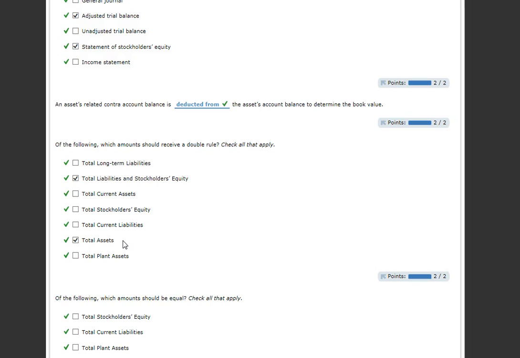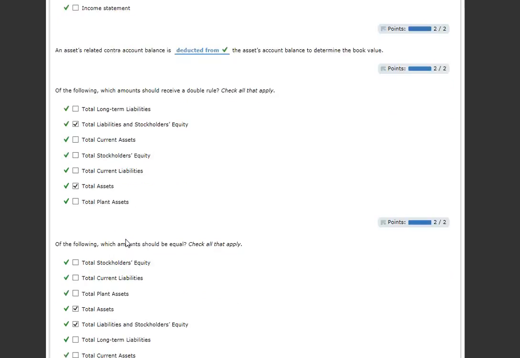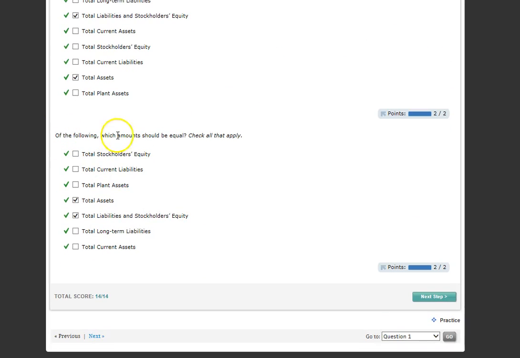We had a double rule at the end of total assets and a double rule at the end of total liabilities and stockholders' equity. Of the following, which amounts should be equal? Check all that apply. If you look at the example, I'm on page 491 in the book, we have total assets and total liabilities and stockholders' equity. Those should be equal at the end.